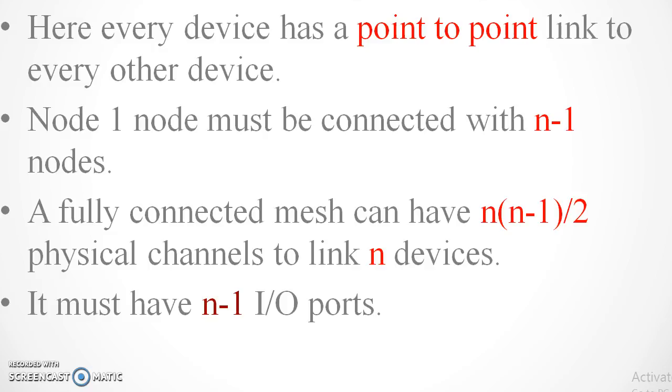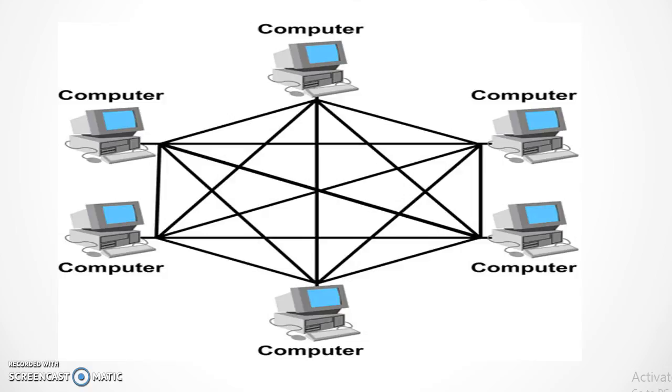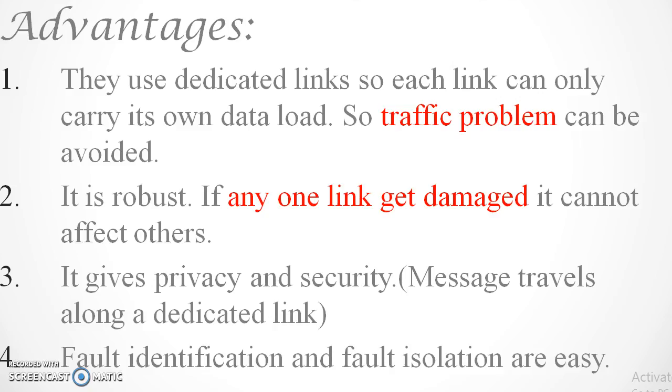That is what we meant by a mesh topology. That means every computer will be interconnected together. This figure shows a mesh topology. Here you have 6 computers and all the 6 computers are interconnected together to form a mesh.